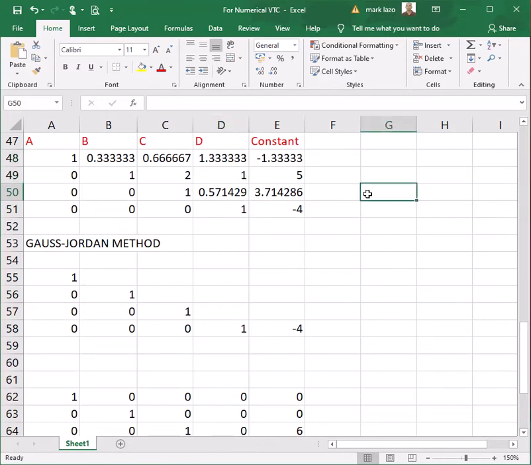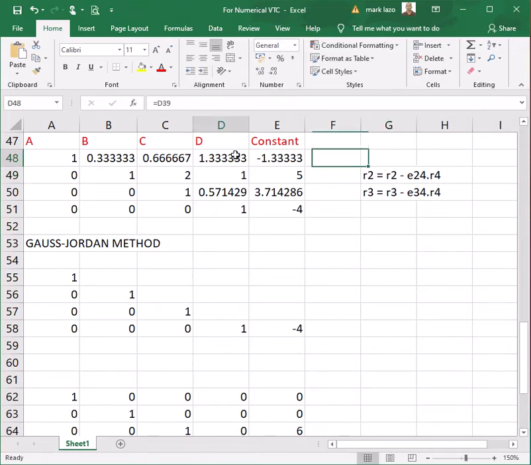In order to make that 0, we need the working formula. R3 is equal to R3 minus the element in row 3, column 4 times row 4. And in order to make this one into 0, we need the formula R2 is equal to R2 minus the element in row 2, column 4 times R4.